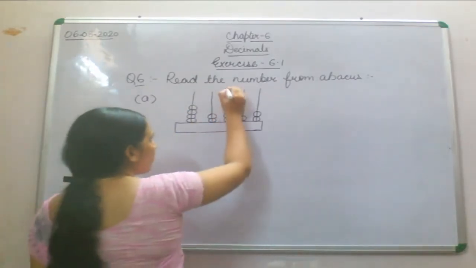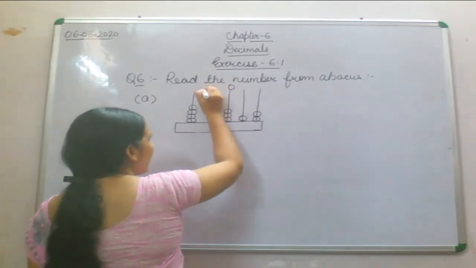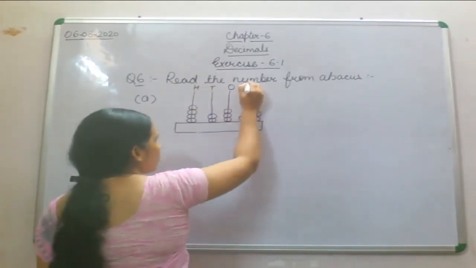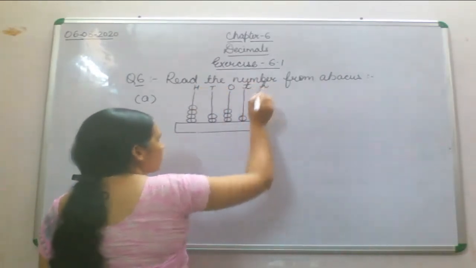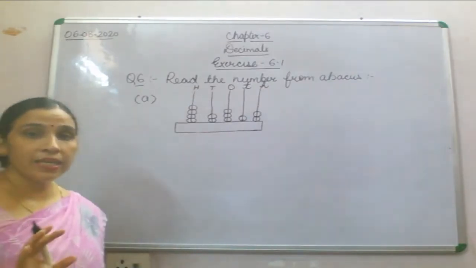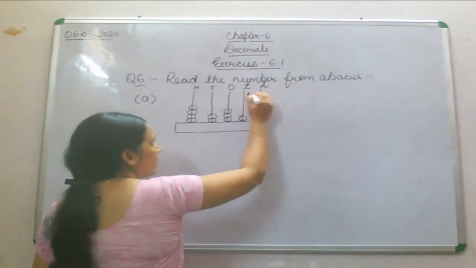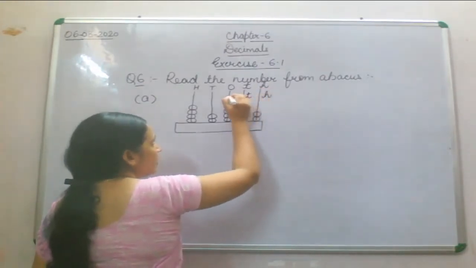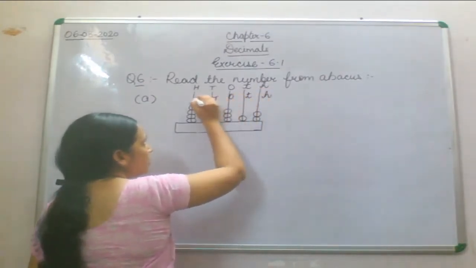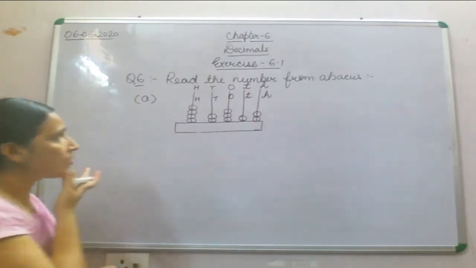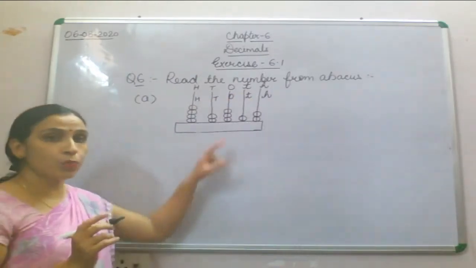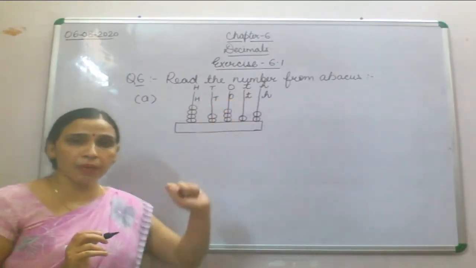Now this is your ones, tens and hundreds. This is your tens and this is your hundreds. Represent it with small letters. This is your ones, tens and hundreds. So we are going to write it. Now small t means that is your decimal place.